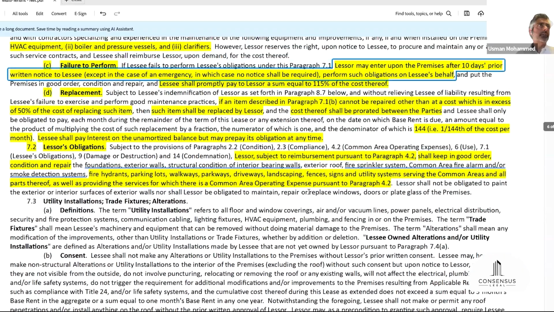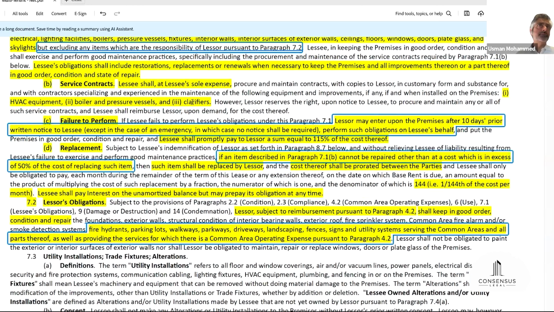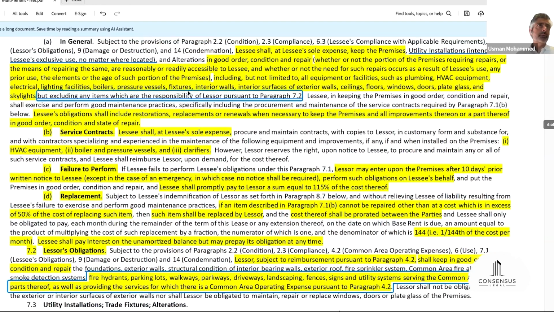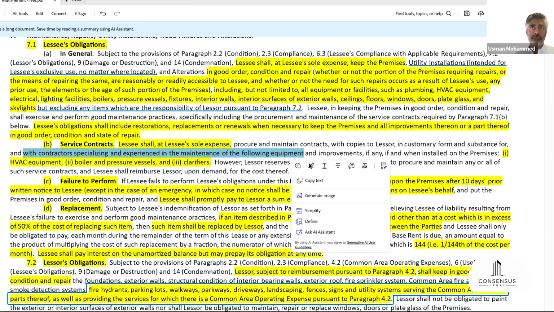That's a good question. If we go back to 7.1b and parse the language, it says lessee shall, at lessee's sole expense, procure and maintain contracts with contractors specializing and experienced in the maintenance of the following equipment.